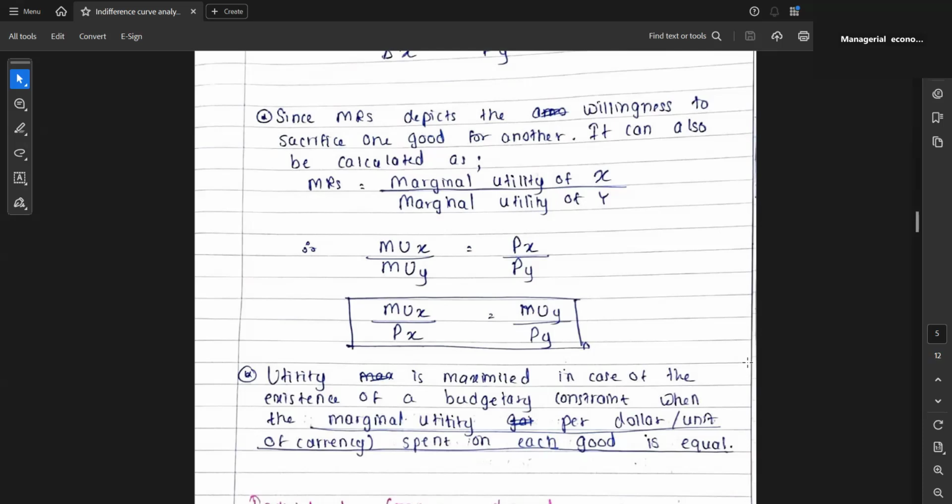So the marginal rate of substitution is how much the consumer is willing to sacrifice good Y to consume good X. As long as the marginal utility the consumer obtains from good X is higher than the marginal utility from good Y, the consumer is willing to sacrifice good Y. But if the marginal utility from good X is lesser than good Y, then the willingness decreases, and therefore the MRS is diminishing along an indifference curve.